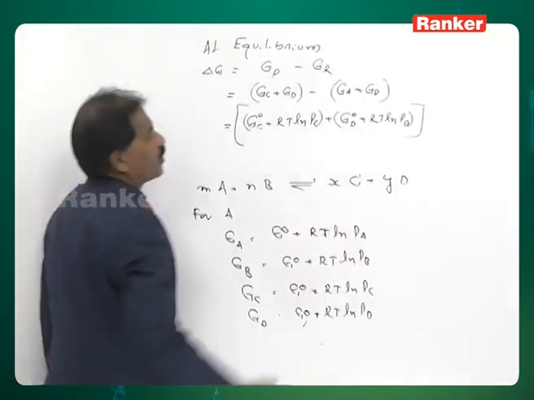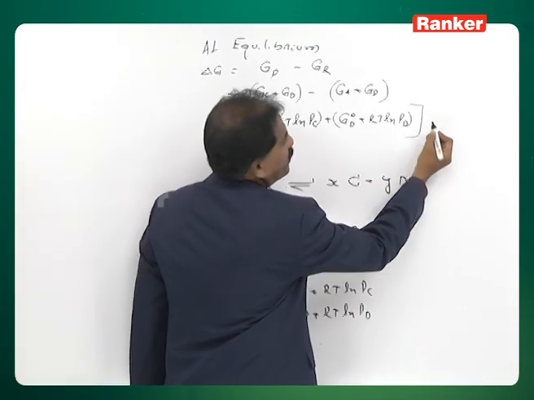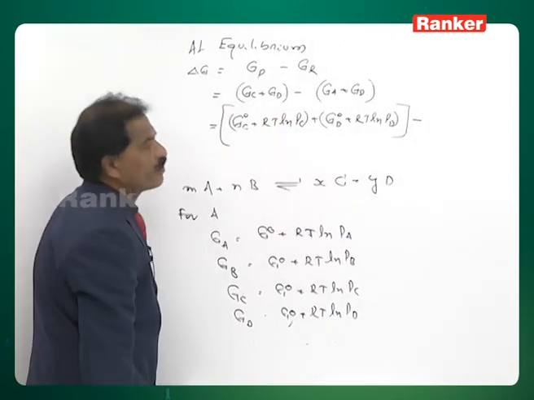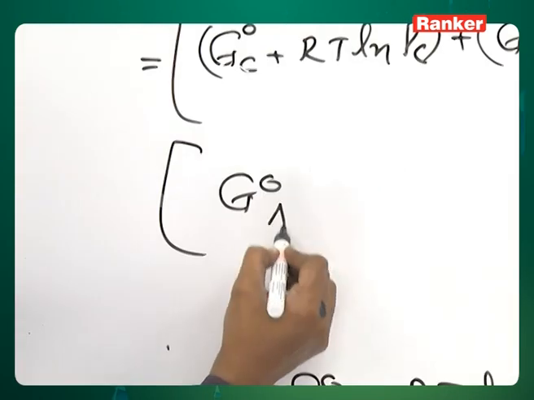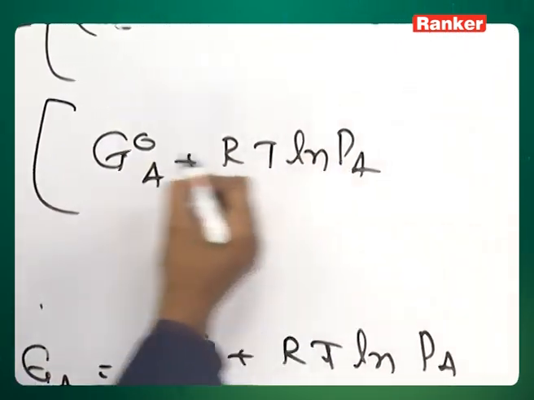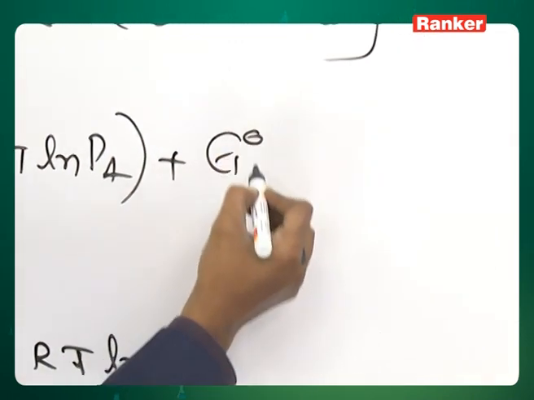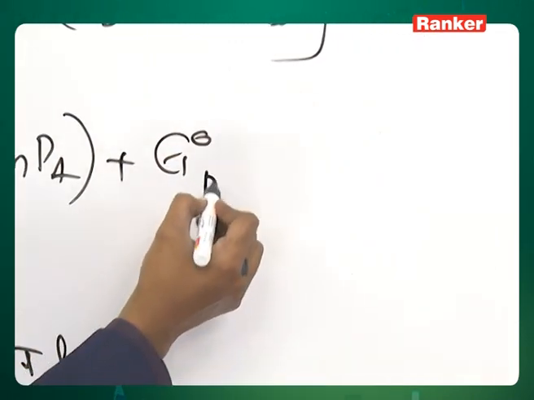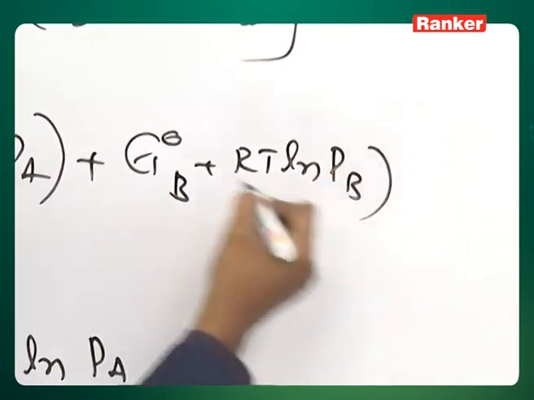This is the free energy of the products minus free energy of the reactants, minus G naught A plus RT ln Pa, plus G naught B plus RT ln Pb.